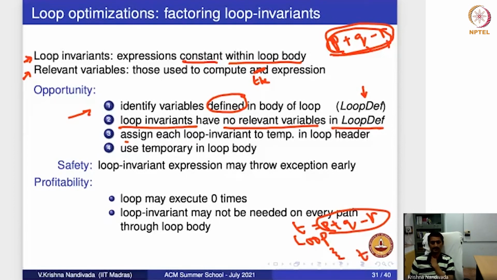So in the loop body, I will use this newly created temporary instead of the loop invariant expression. Is this idea clear? I find out what are the variables defined in the loop, defined as in written to, that I call loop def. Then find out loop invariants.